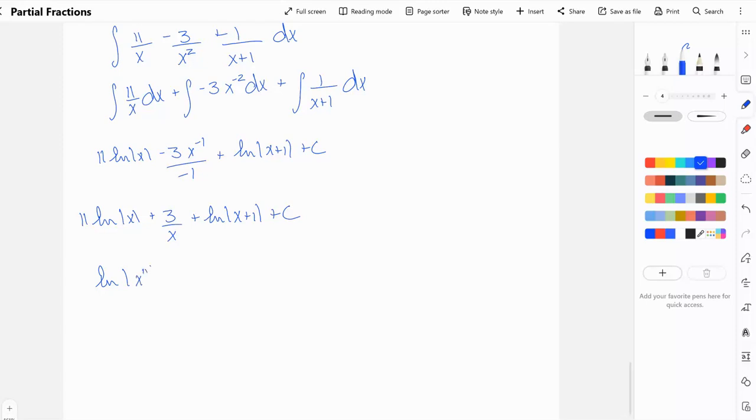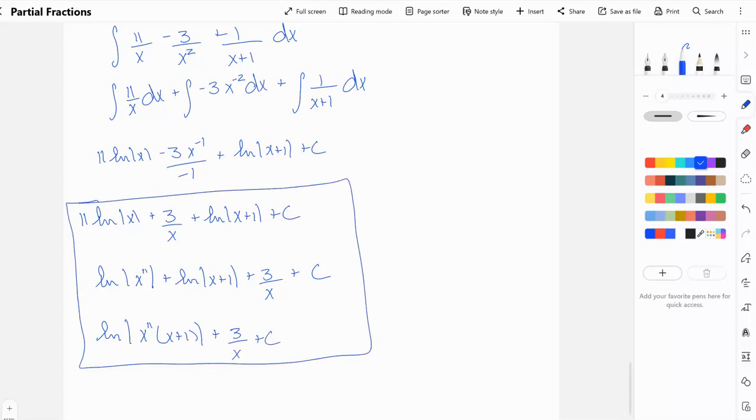This is really x to the 11th power. And I'm going to rewrite, reordering those last couple of terms there. And then I could combine those if I wanted to as x to the 11th times x plus 1. Notice that absolute value is still necessary in this case. Either one of these would be an acceptable answer.